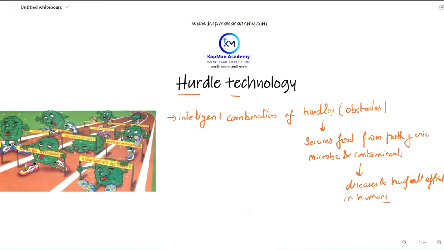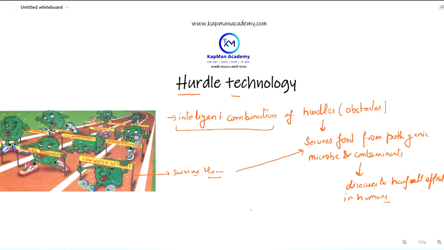So in this intelligent combination, we give so many obstacles to the pathogenic microbes so that they finally cannot survive, and due to this, our food gets secured.